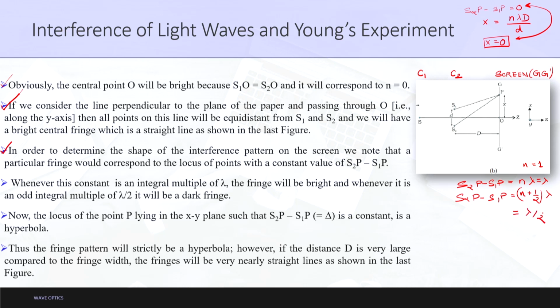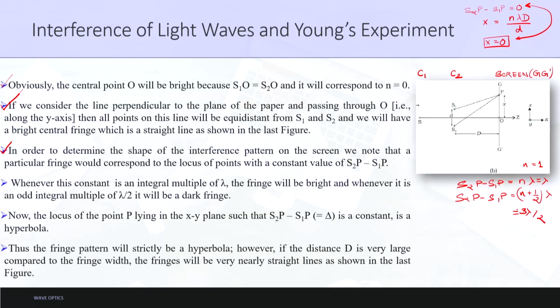So for the locus of points at which the distance S2P minus S1P, the difference between the two sources, is always a multiple of lambda, or always lambda by 2, or 3 lambda by 2 if n is 1, only those points will have the same fringe.